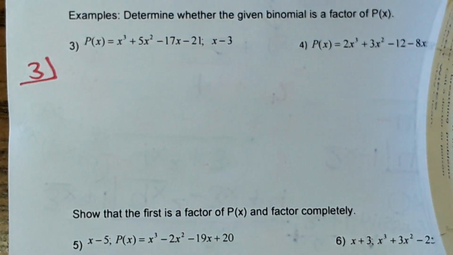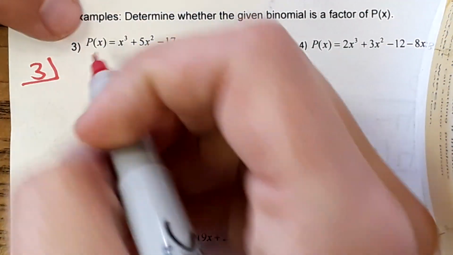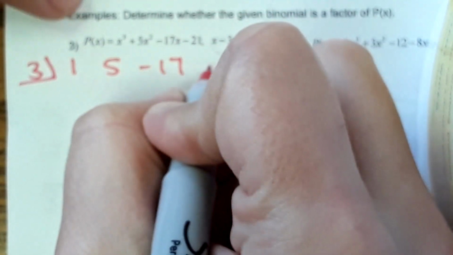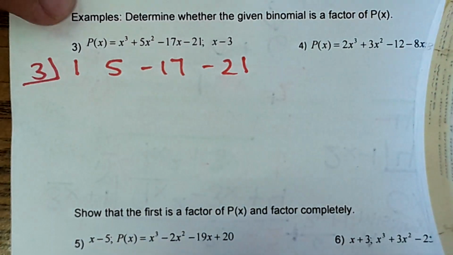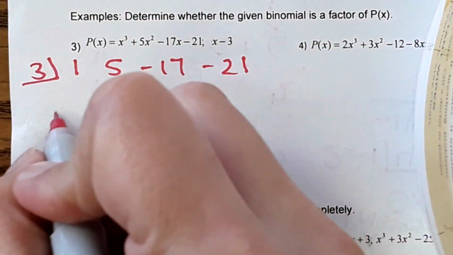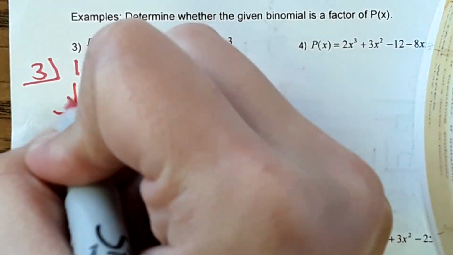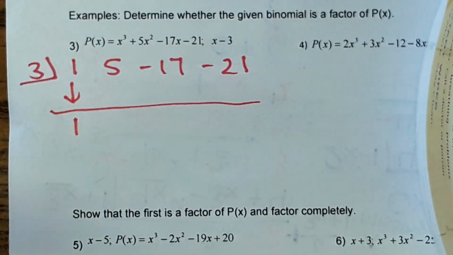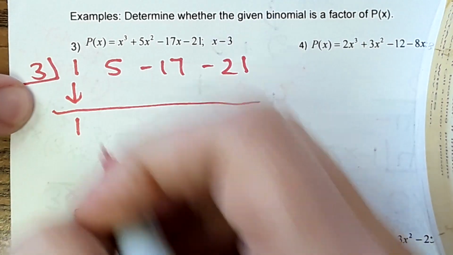Okay. So coefficients would be 1, 5, negative 17, negative 21. I bring down that first term and then multiply by the number in the box.